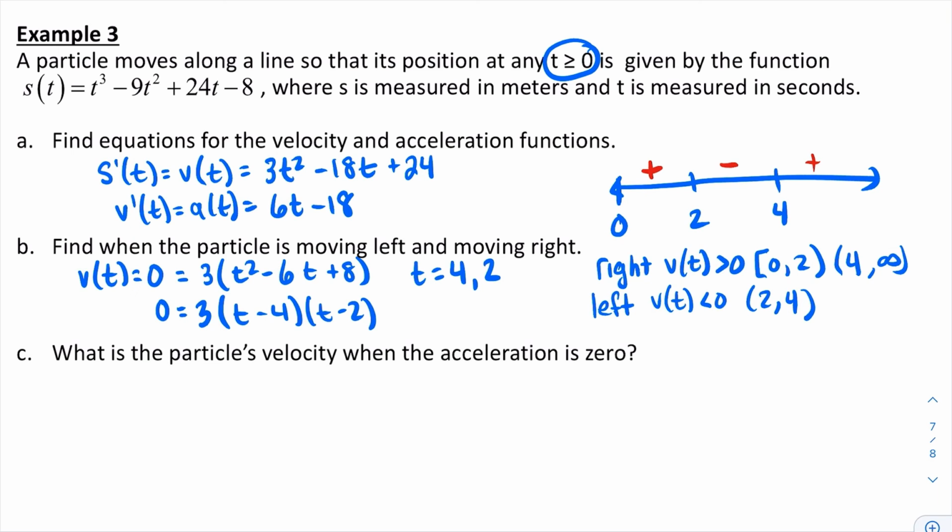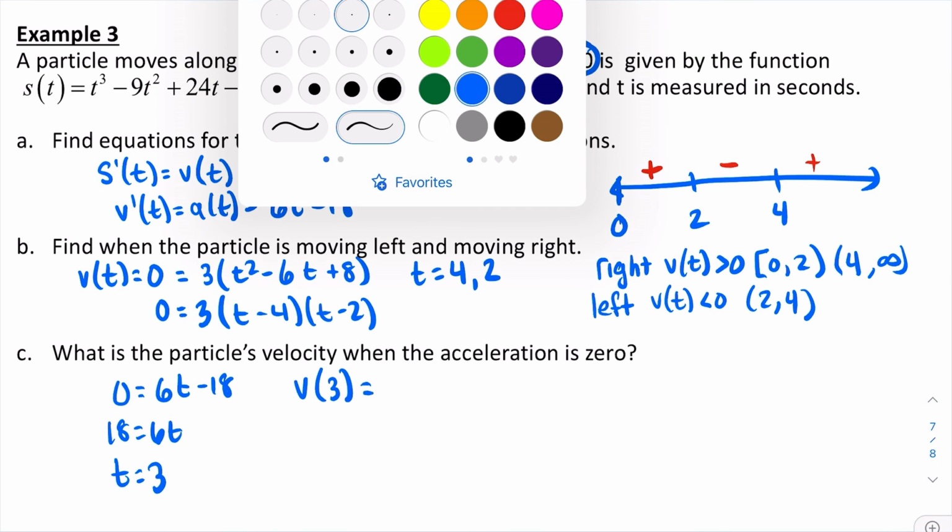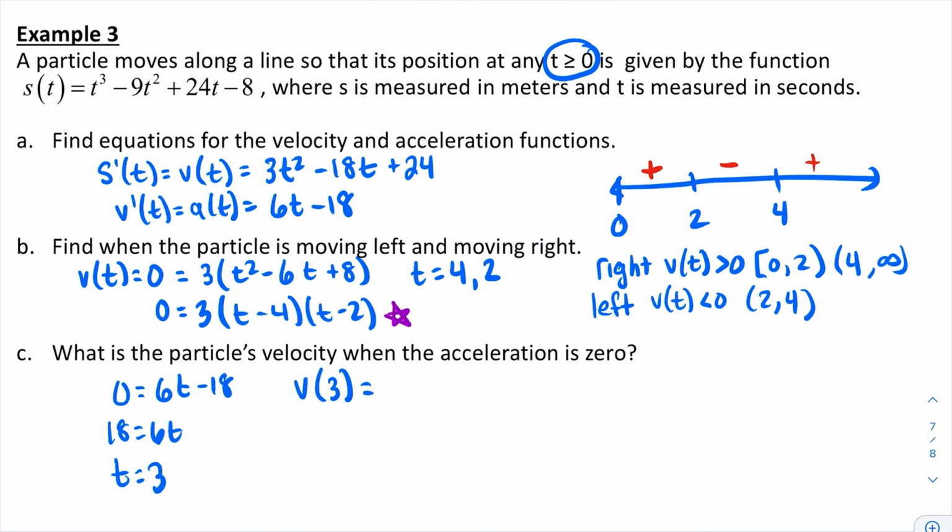What is the particle's velocity when the acceleration is 0? Okay, so I set my acceleration function equal to 0 because I need to find that time. So I have now the time when my acceleration is 0. I need to now find v of 3. Well, for v of 3, I'm going to use this formula here because I just think it's going to be easier.